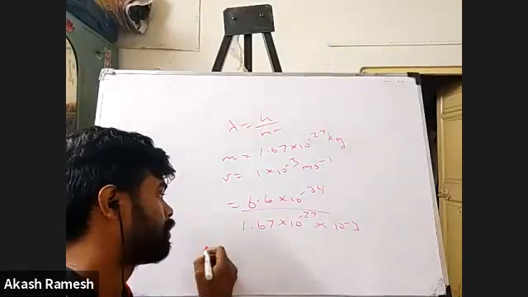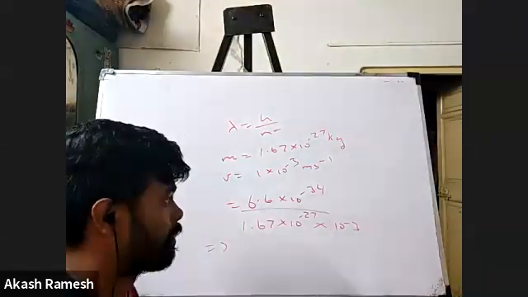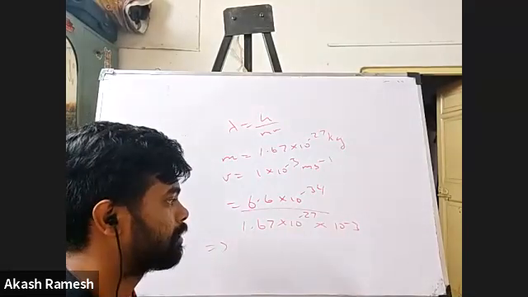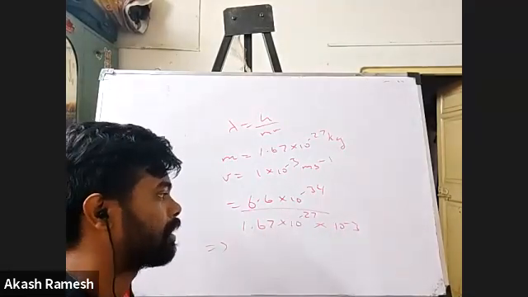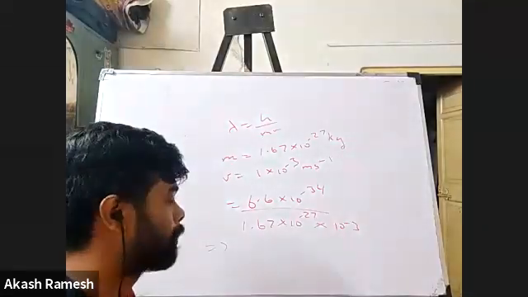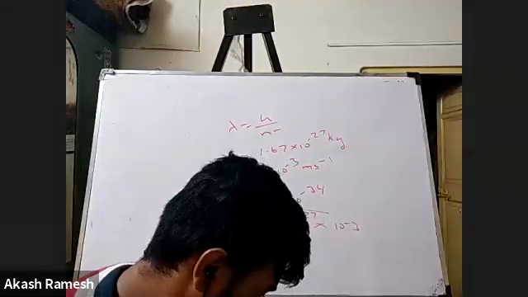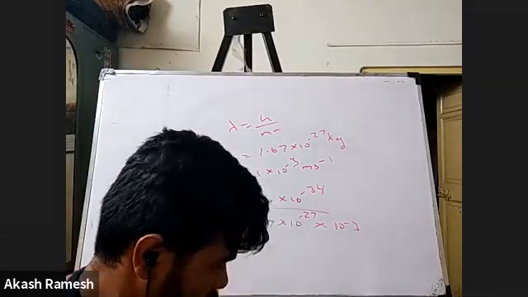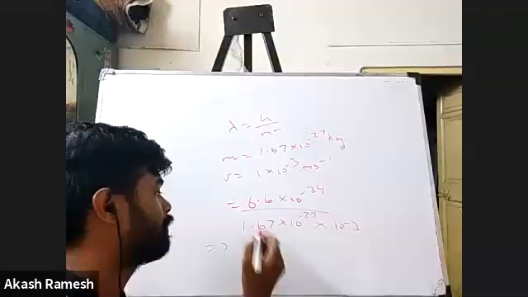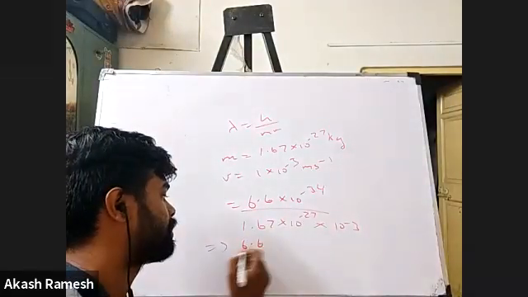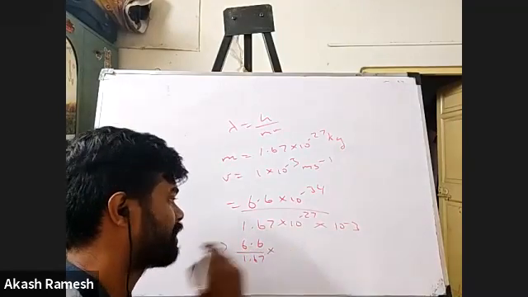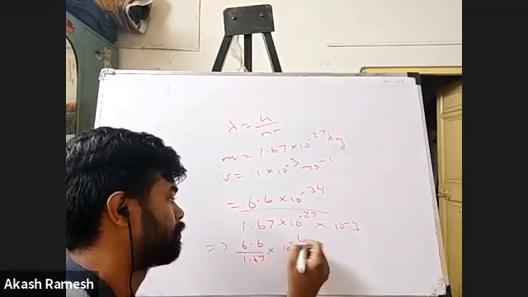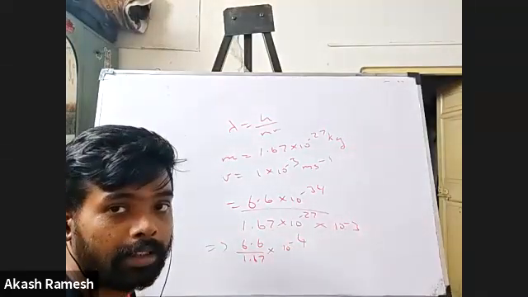So 10 power minus 27 and 10 power minus 3 become 10 power minus 30, and 10 power minus 30 goes up. I'll have basically 6.6 divided by 1.67 into 10 to the power minus 4.